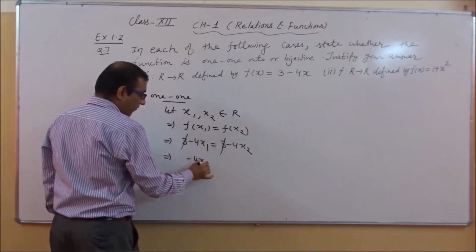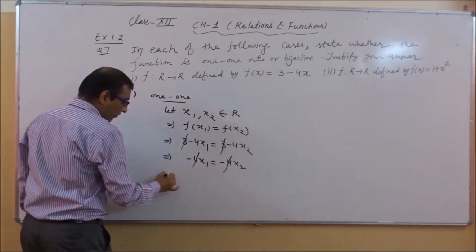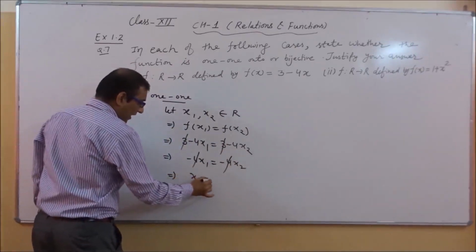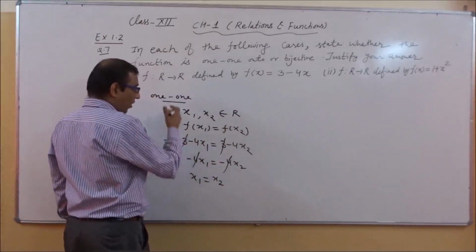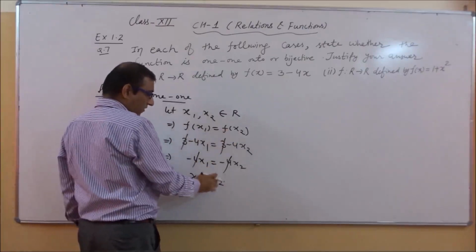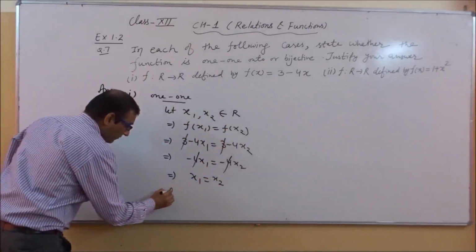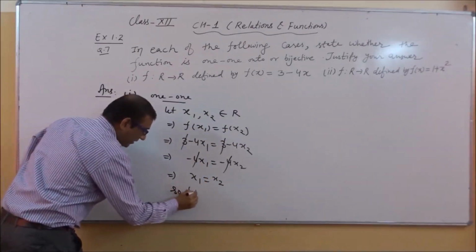We will get minus 4x1 equals minus 4x2. It means minus 4 and minus 4 both will cancel, so we will get x1 equals x2. So as per the definition of a 1-1 function, if f(x1) equals f(x2), then we get x1 equals x2. If this is possible, then we can say f is 1-1.